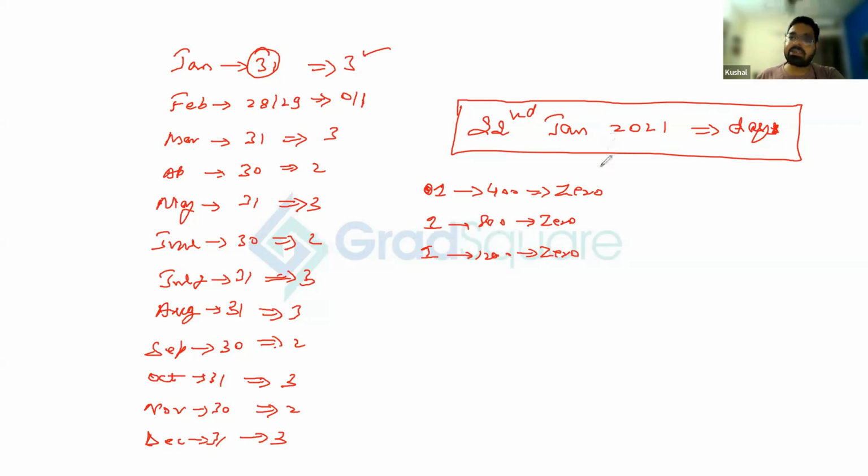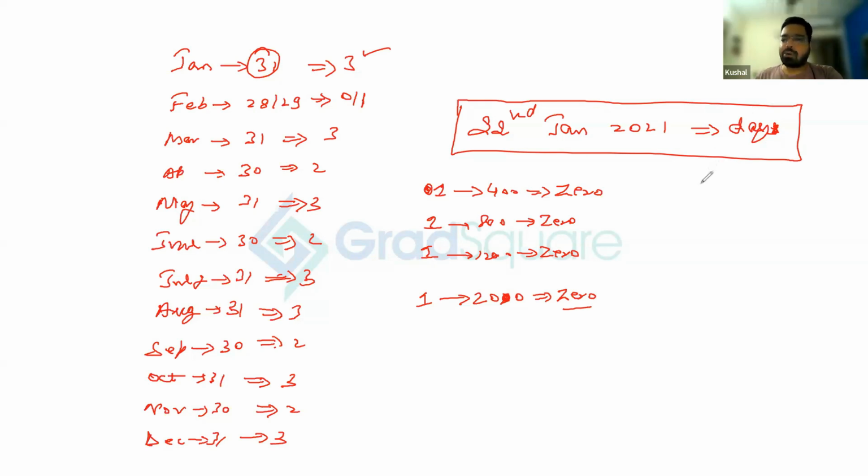I'm explaining it. So, can I then say 1 to 2020? Sorry, 1 to 2000 will have zero odd days. Is that clear? Year number 1 to year number 2000, we will have zero odd days. Any doubts?